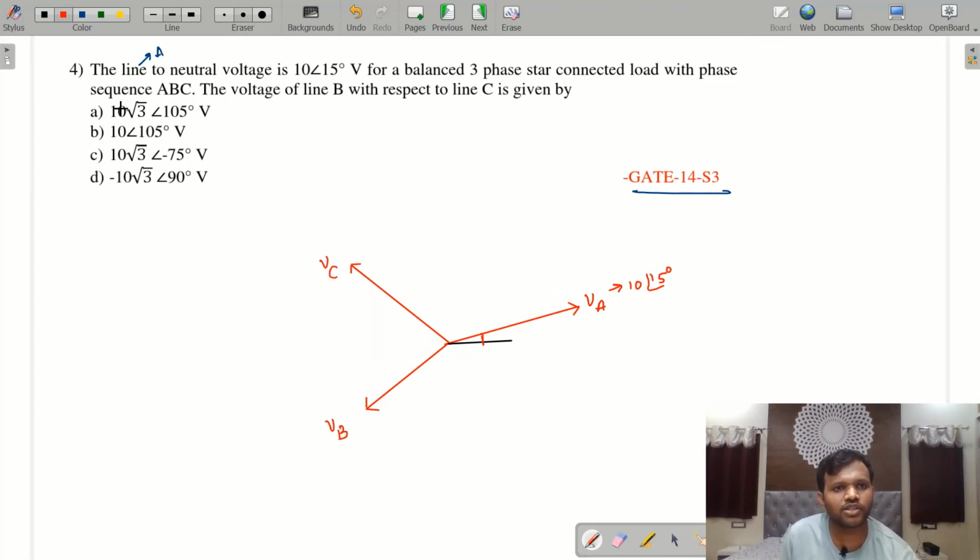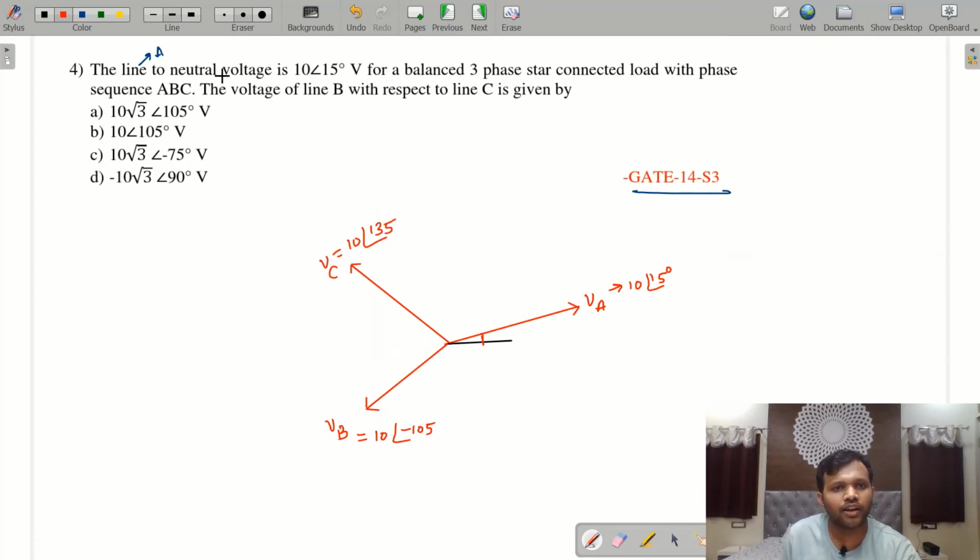See, if the phase sequence is ABC, if VA is at 10 at an angle of 15, then what will be my VB? VB will be 10 at an angle of minus 120 plus 15, so minus 105, right. VC will be equal to 10 at an angle of plus 120 plus 15, so 135, right.